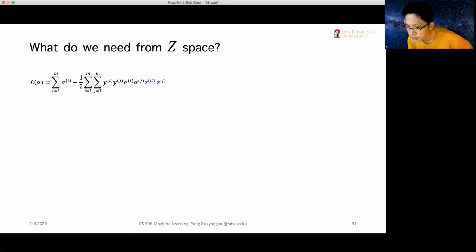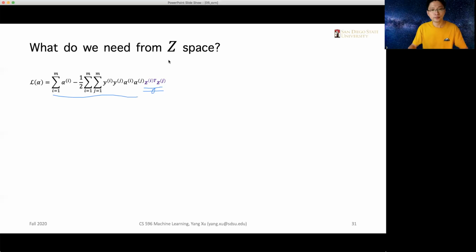Yeah, so that's a good question. How do we determine this for more than 3 dimensions? We actually don't need to know the specific form of the transformation, because all we need to know is the existence of such a transformation, or the existence of the dot product, because the dot product is everything we need in order to construct the Lagrangian.